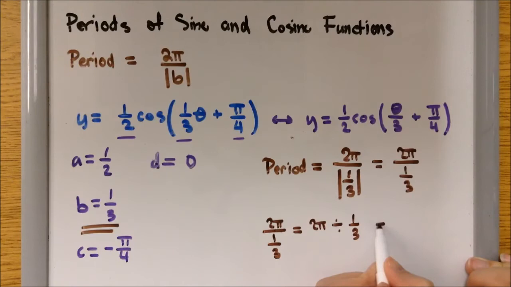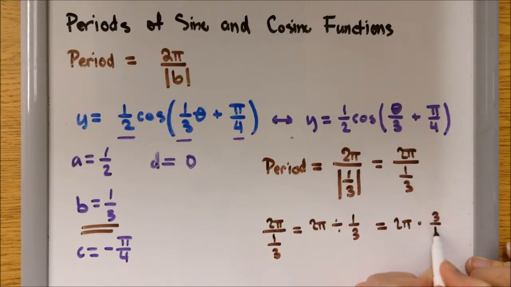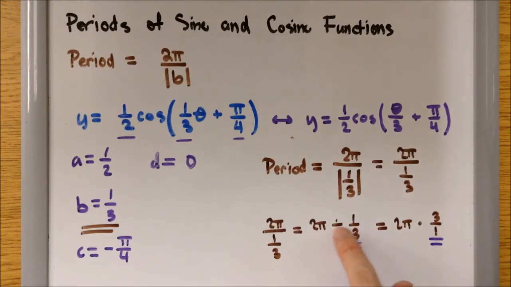So 2 pi divided by 1/3 is the same thing as 2 pi times 3 over 1. All I did was flip the second fraction, the reciprocal of the second fraction. That's all I did.